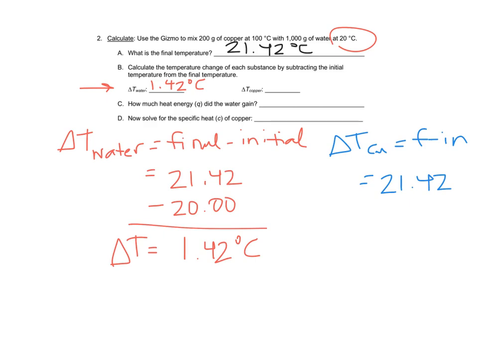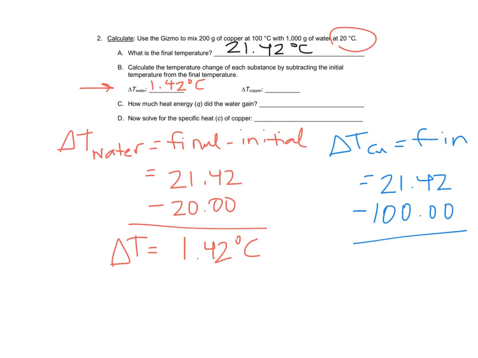The copper released heat in order for the water to come up to the same temperature as it, right? So 21.42 minus, and then remember our copper started at 100 degrees Celsius. Okay, so we're going to get a negative number here, and a negative number is just referring to the fact that that heat is released from the copper.